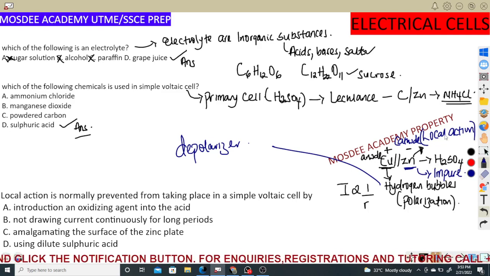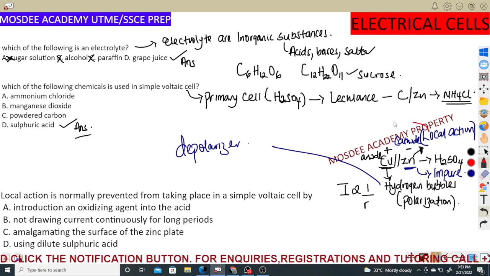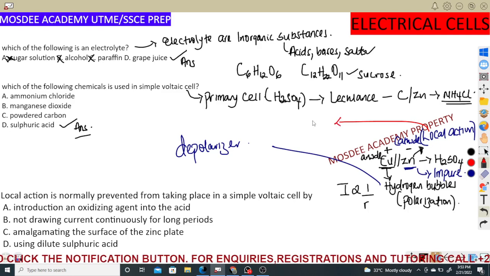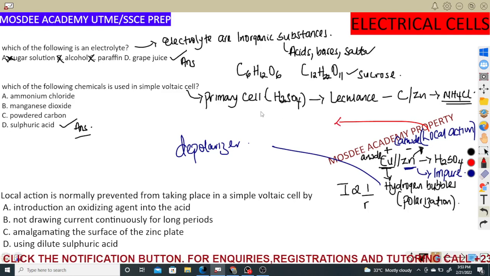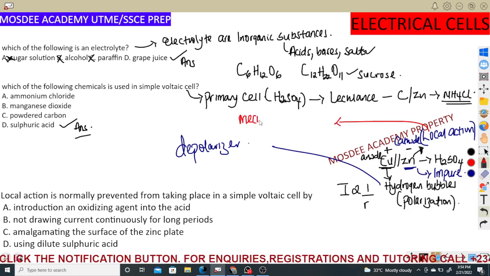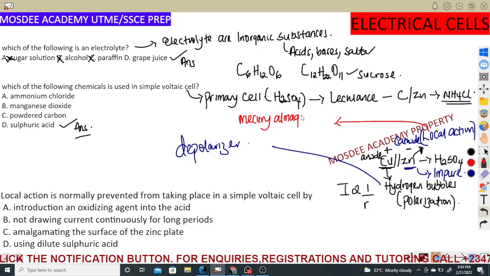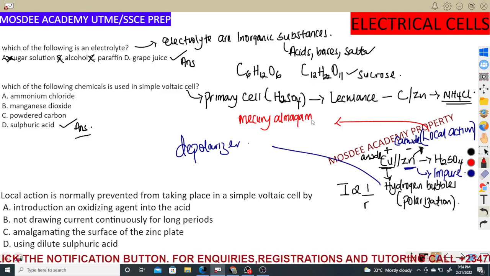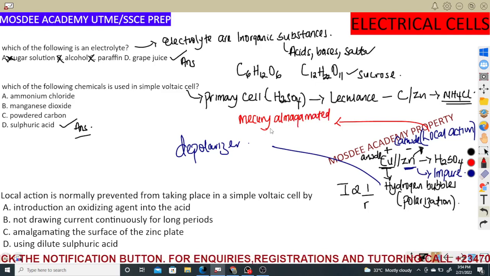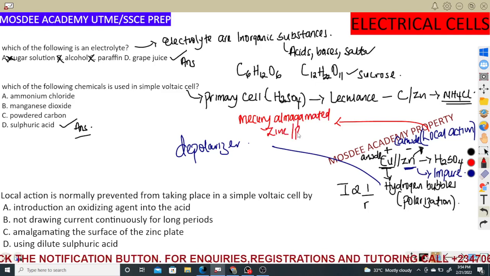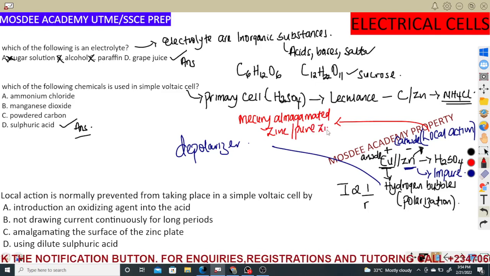So how can you reduce this local action? You have to use pure zinc, or what we call mercury amalgamated zinc. Basically, you are using pure zinc. So that is that.